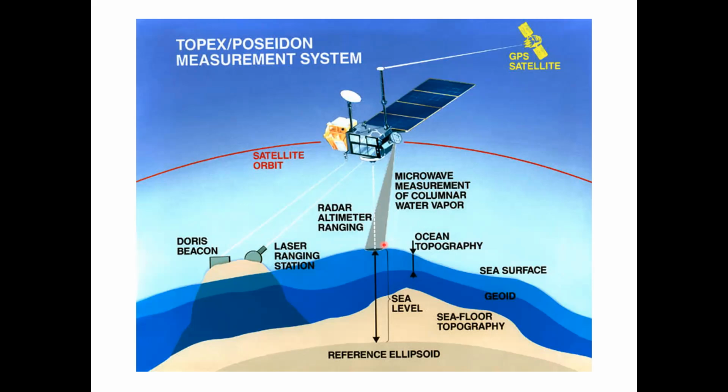Of course, there are ways to make the footprint smaller, and we will see during our course, one possibility is to increase the frequency of the radio waves, the waves that are transmitted and used by the radar altimeter, or to make the antenna bigger.